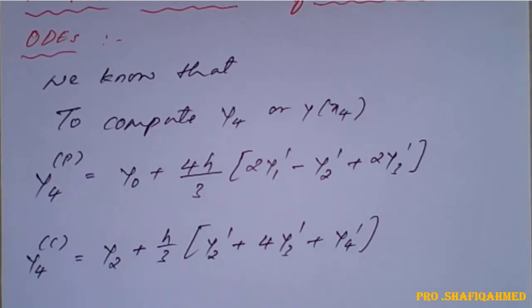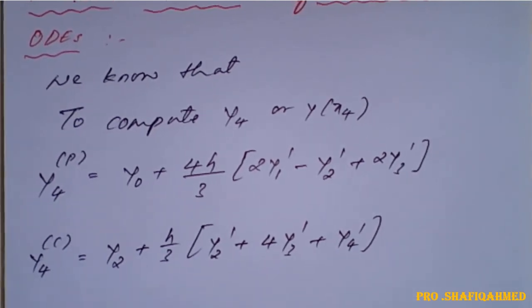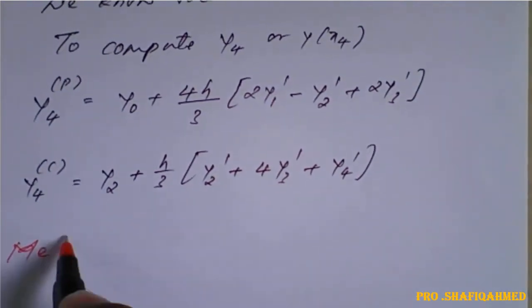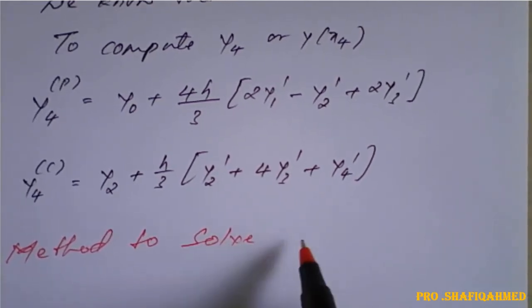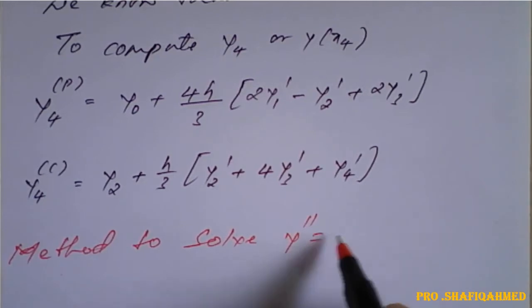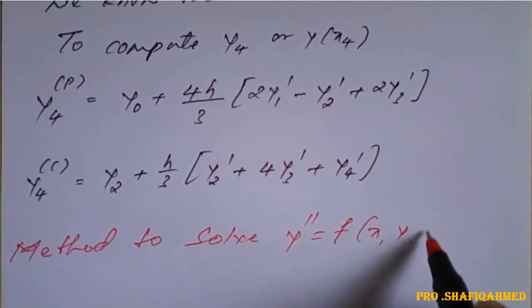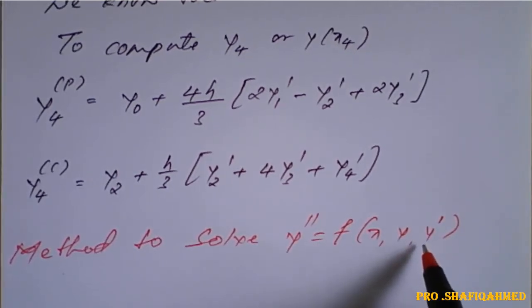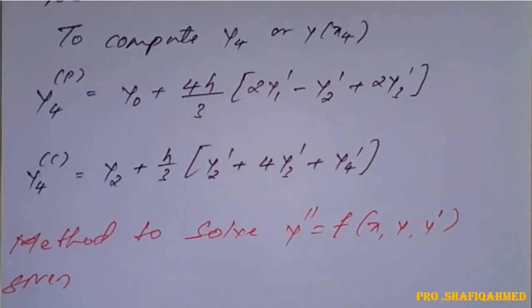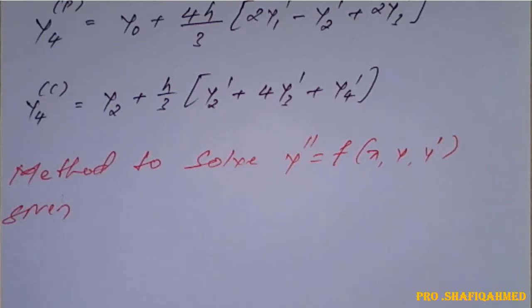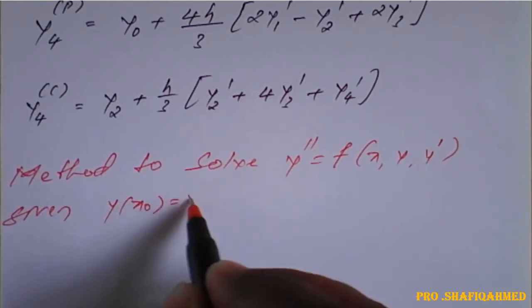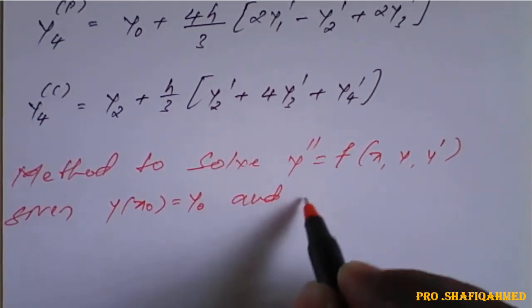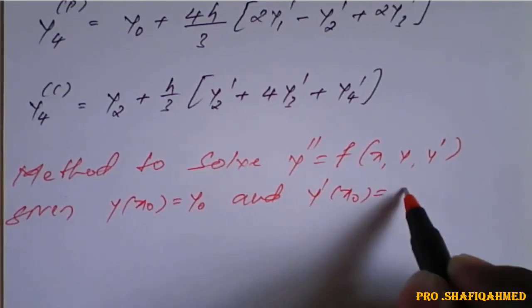So here we'll see the method to solve a second order equation, that is y double dash is equal to f of x, y, y dash, because instead of z I am writing y dash, so z is nothing but y dash, given y of x naught is equal to y naught and y dash of x naught is equal to y naught dash.